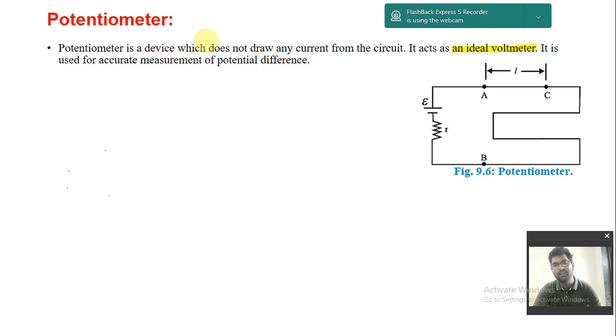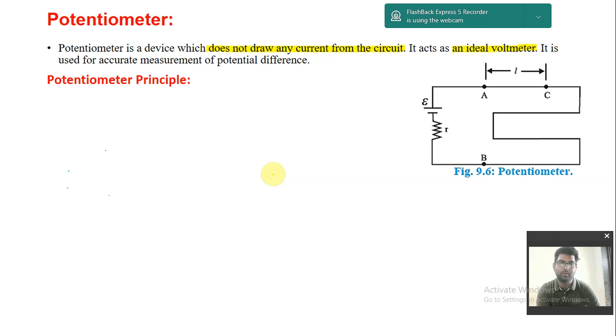What is an ideal voltmeter? Zero current. And it is used for accurate measurement of potential difference because it will not draw any current, and we understood how. So it will measure the accurate value of potential difference.